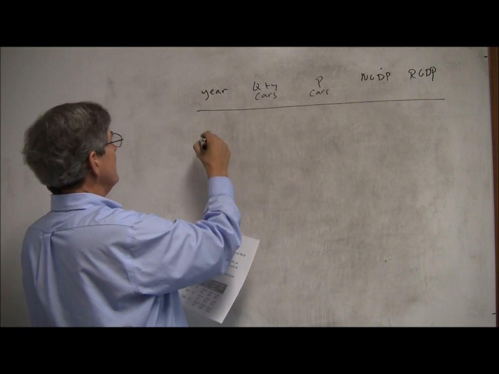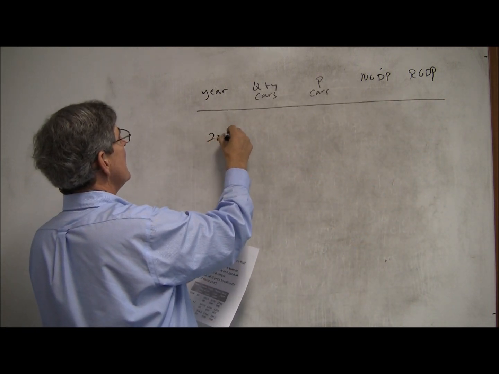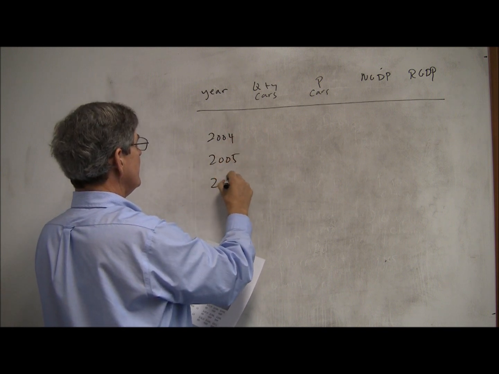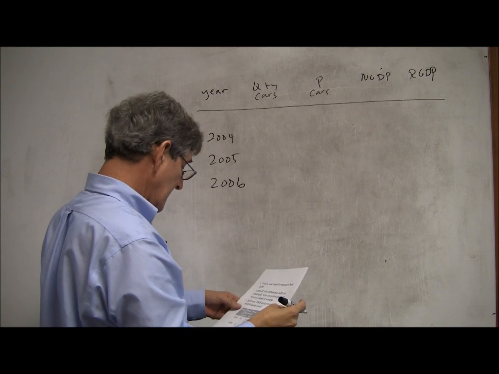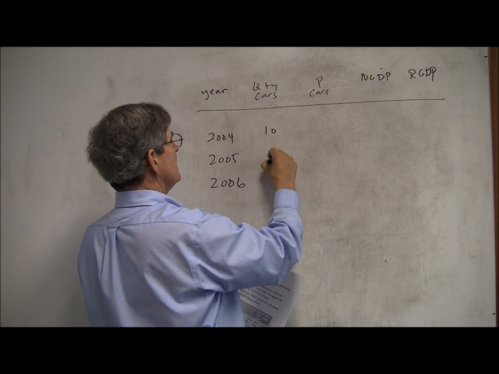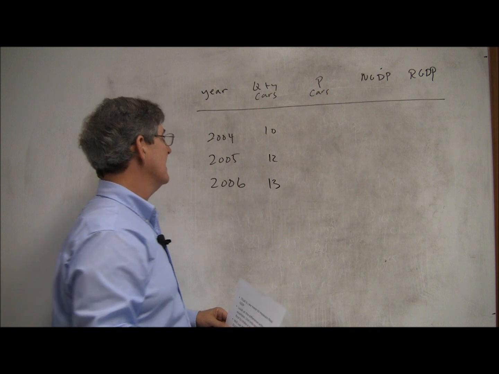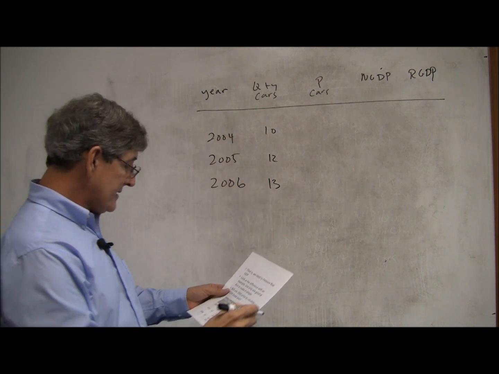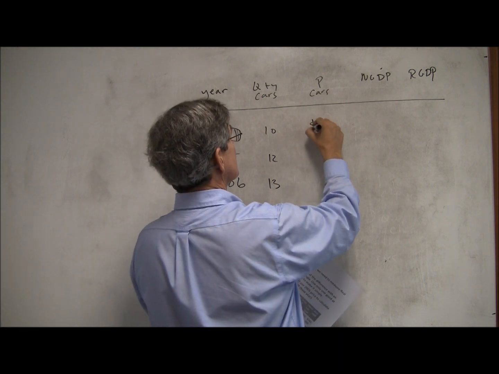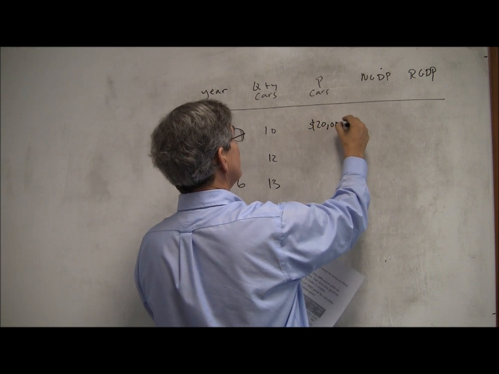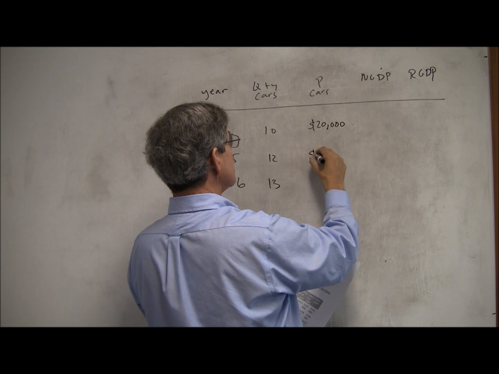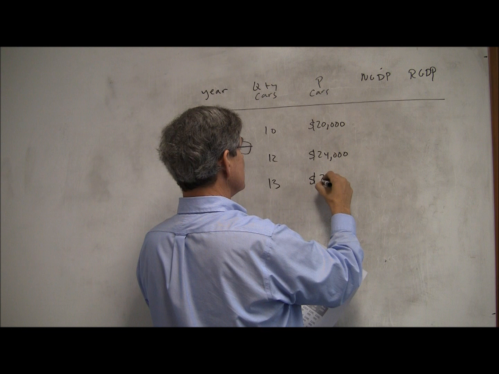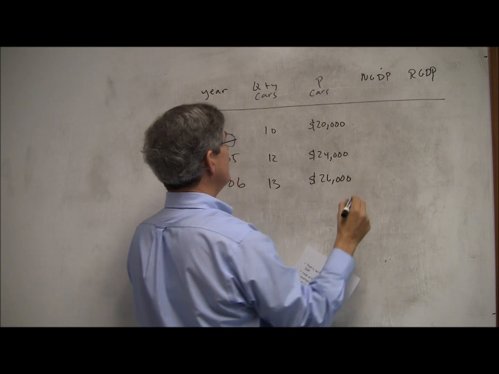The years are 2004, 2005, 2006. Quantities are 10, 12, 13. Maybe those are in millions or something. We're just trying to make it simple. The price of cars is 20,000 in this year, 24,000 in this year, and 26,000 in this year.